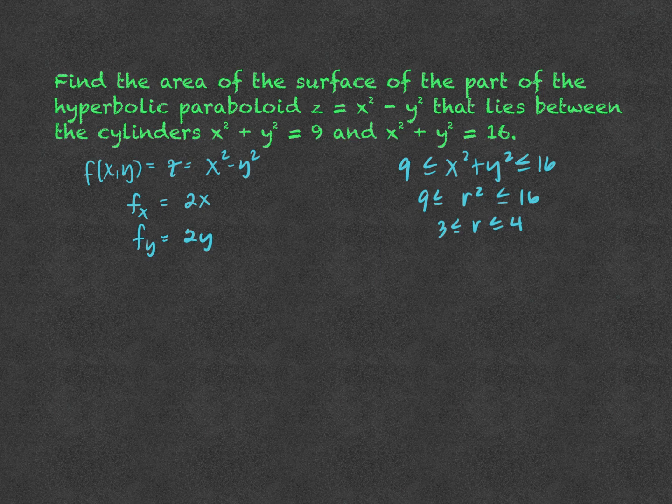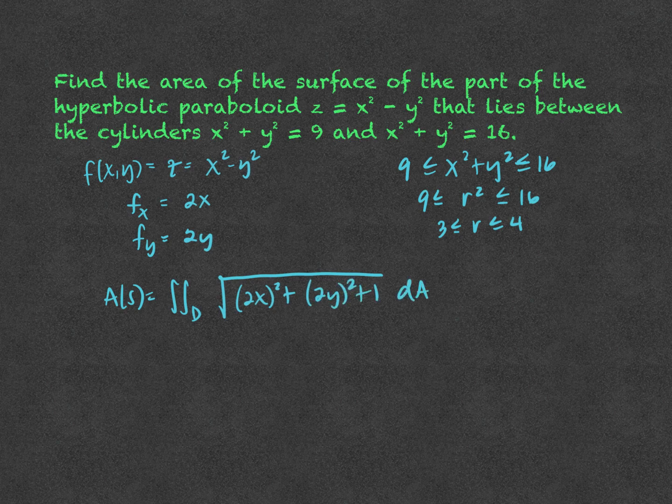So our partial with respect to x is 2x, and our partial with respect to y is 2y. So we're going to say the area of the surface is equal to the double integral over the region of the square root of the quantity 2x squared plus the quantity 2y squared plus 1 with respect to the area. So that's the integral over the region of the square root of 4x squared plus 4y squared plus 1.